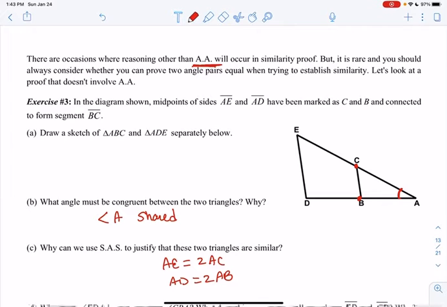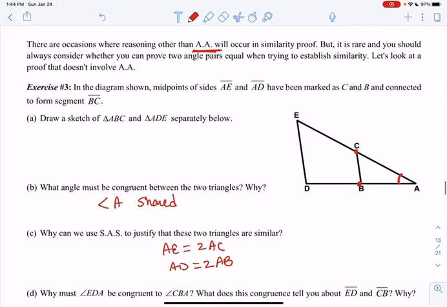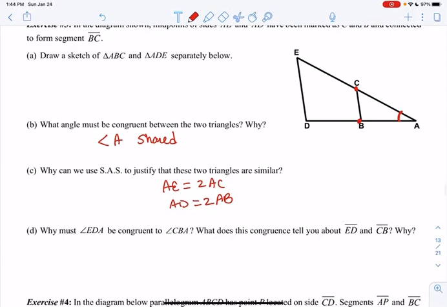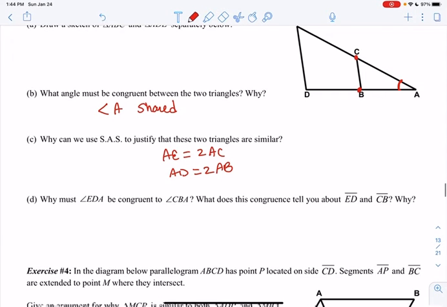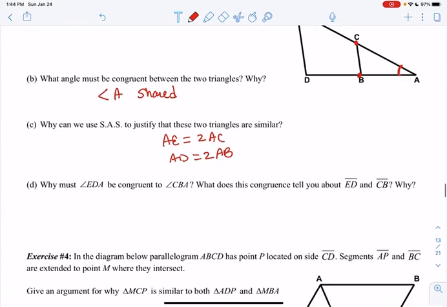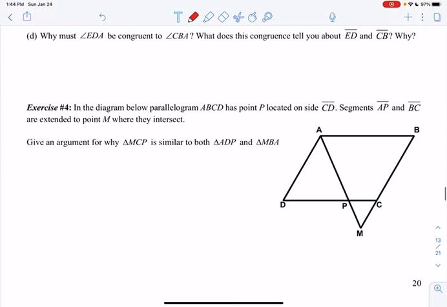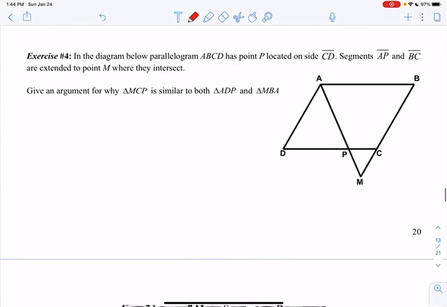So those sides would be in proportion, and if the sides are in proportion and they have that angle between them that's congruent, then technically I could use side angle side to prove that these two triangles are similar. I will never give you a proof like that, though. All of your proofs with similar triangles will always, always, always be angle angle. So we're not going to worry about exercise 3.